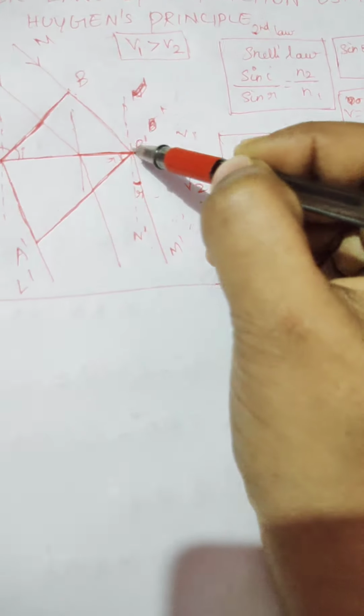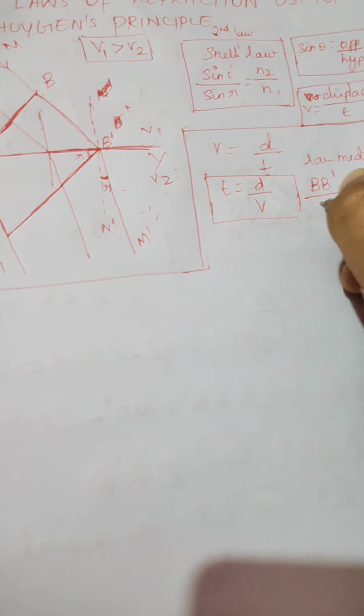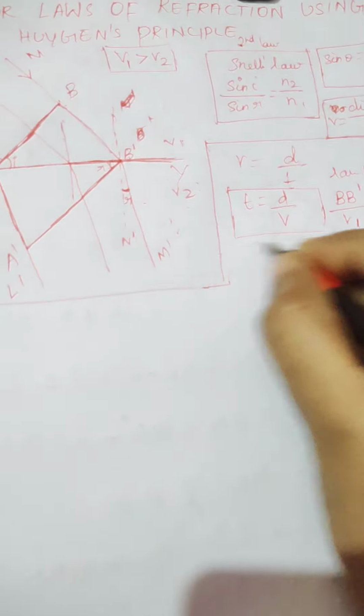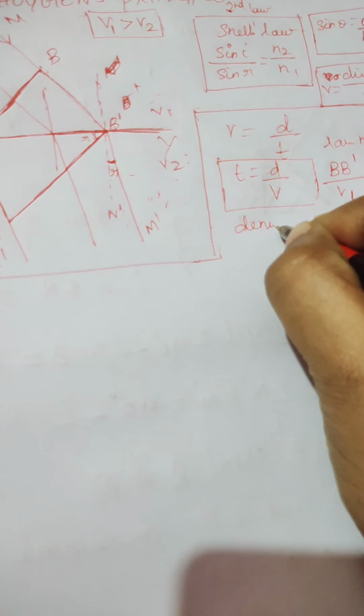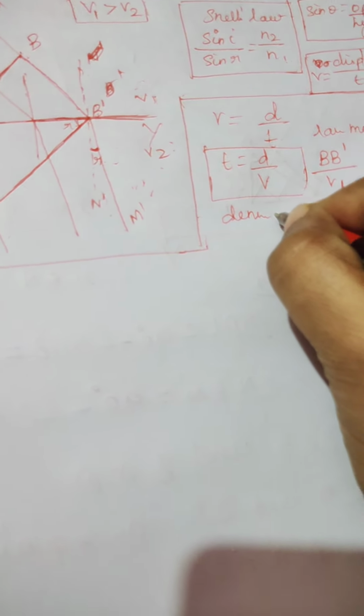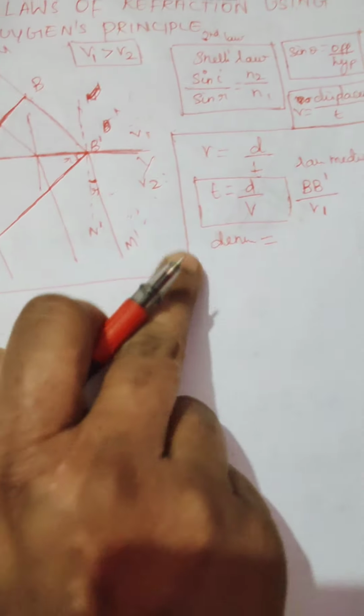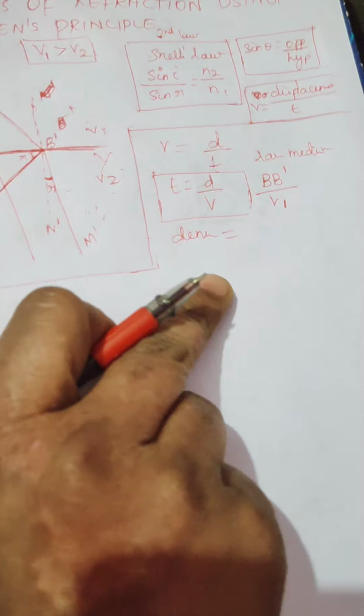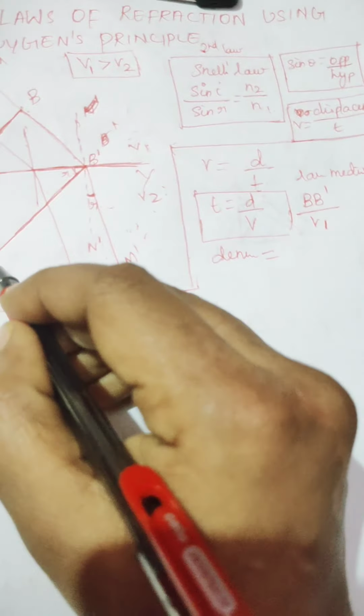So the time is B B dash divided by V1. For the denser medium, apply the same formula, t equals d by v: A A dash divided by V2.